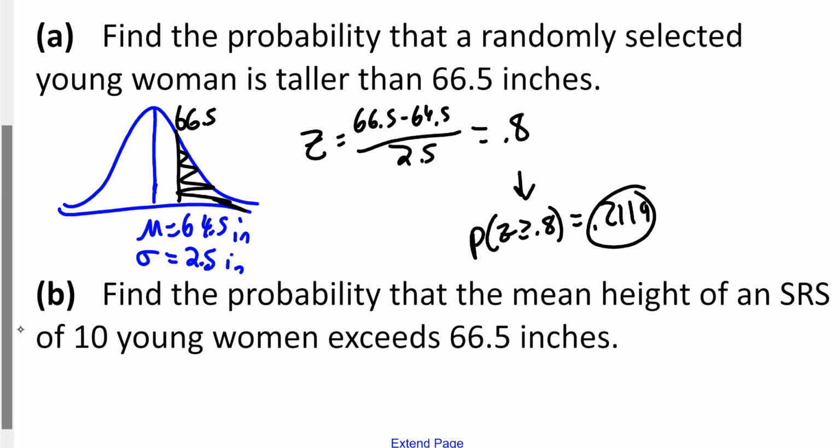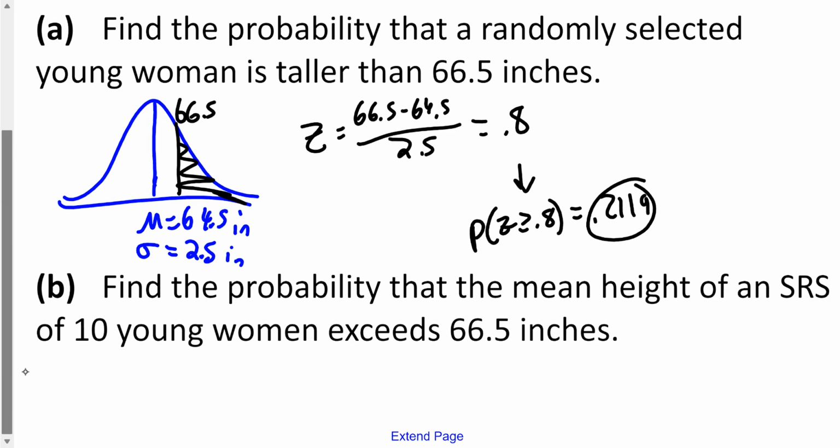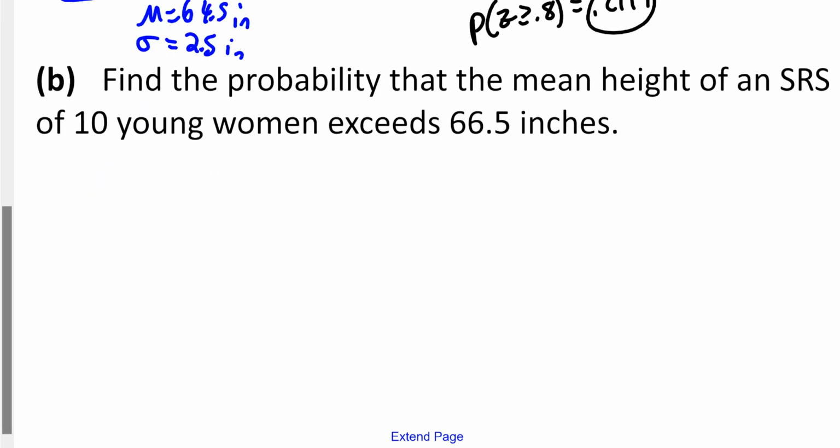But if we go a step further and say, find the probability that the mean height of a simple random sample of 10 young women exceeds 66.5 inches, now that's different. Okay, we can look at the sampling distribution, and we don't even know if it's normal yet.